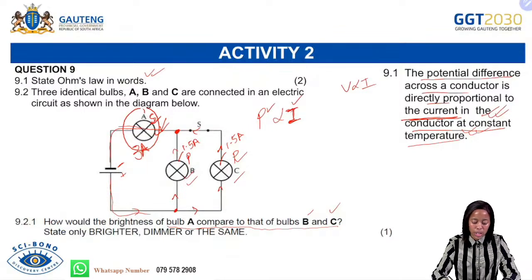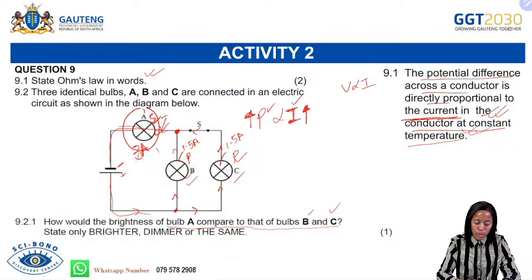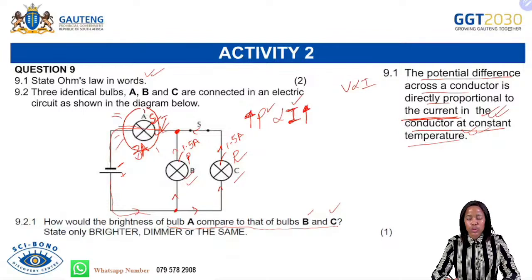So whichever light bulb will have a greater current, in terms of the brightness, that light bulb will be brighter. So if we now go back to the diagram, we will see that light bulb A is connected in series. So therefore light bulb A has a greater current. Because light bulb A has a greater current, it will have a greater power.